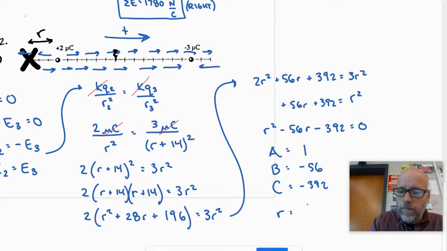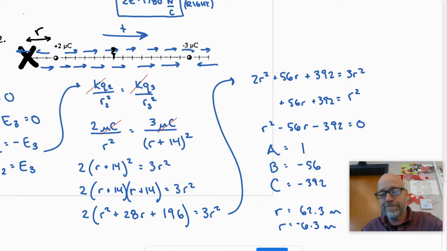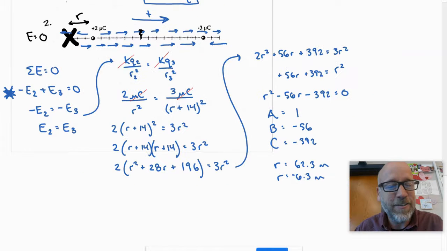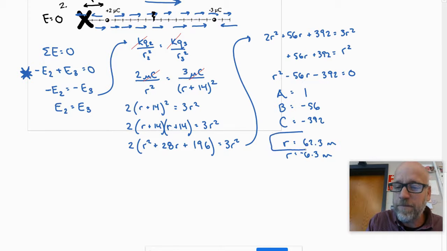Now, R equals 62.3 meters, or R equals negative 6.3 meters. I'm laughing because this last part's brutal. Do you know which one is the correct answer? The correct answer is 62.3.